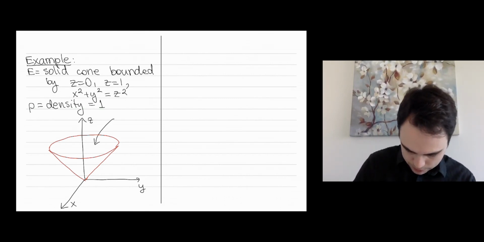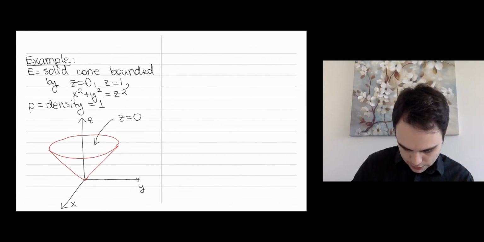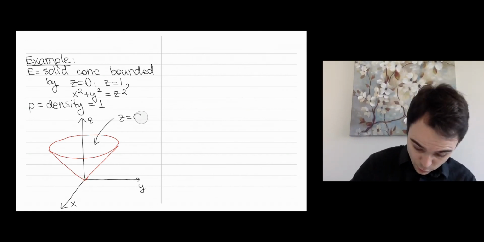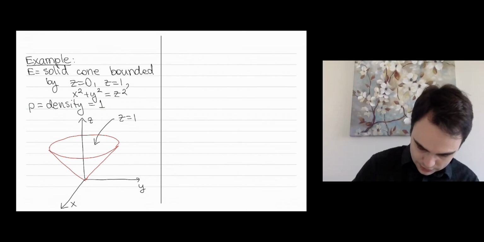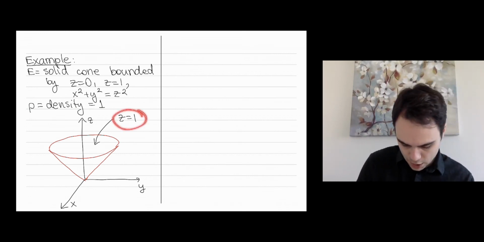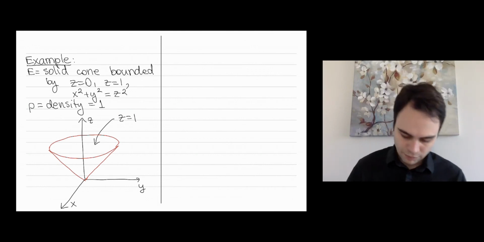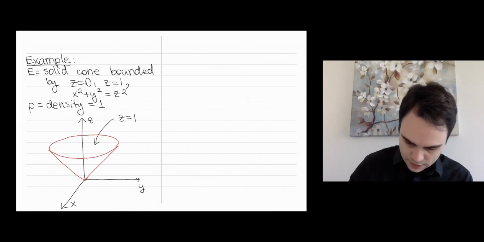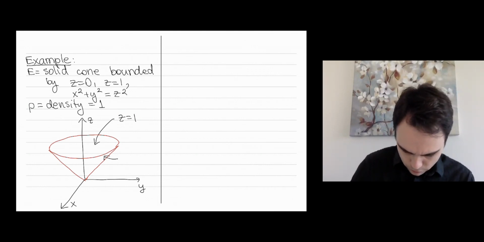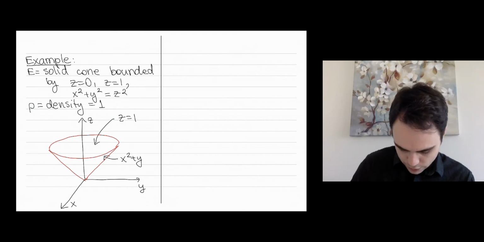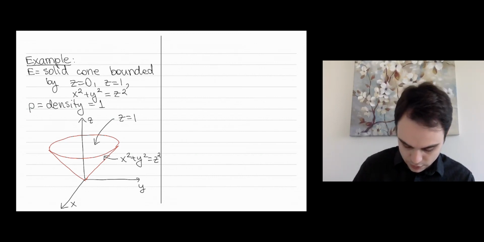So at the top, z is 1. At the bottom, at this vertex, z is 0. And then on the side, x squared plus y squared is z squared.